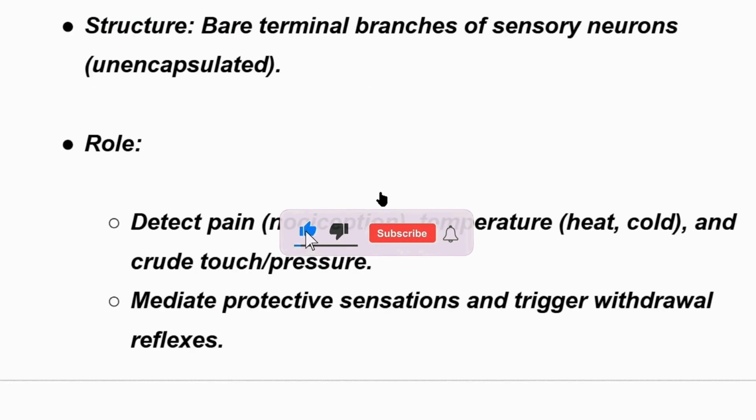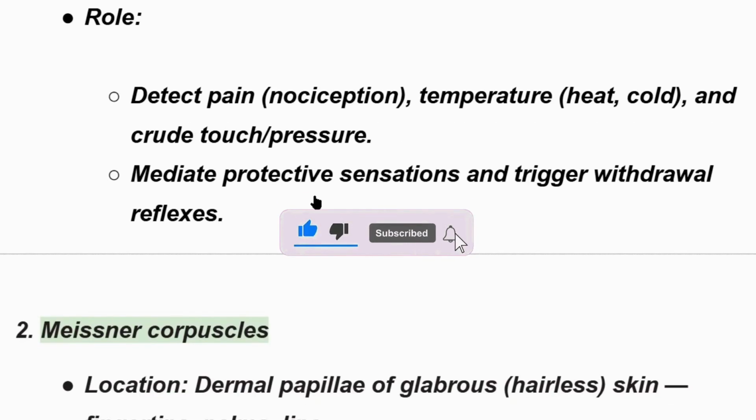The role of free nerve endings is to detect pain, nociception, temperature like heat and cold, and crude touch or pressure. Free nerve endings mediate protective sensations and trigger withdrawal reflexes.